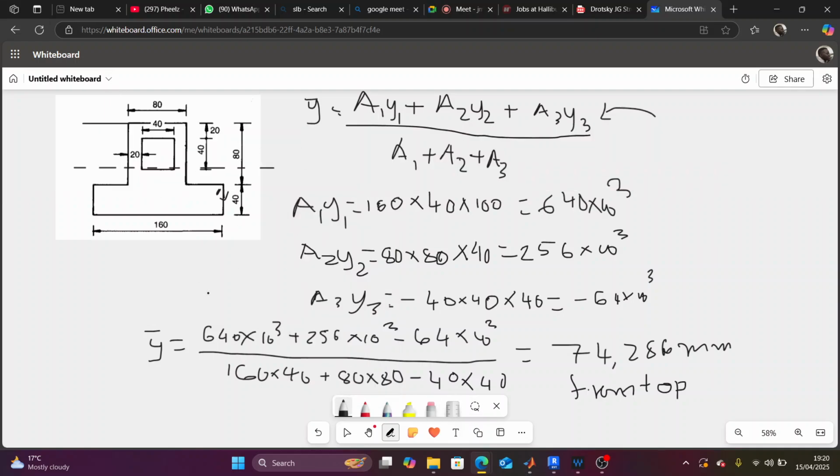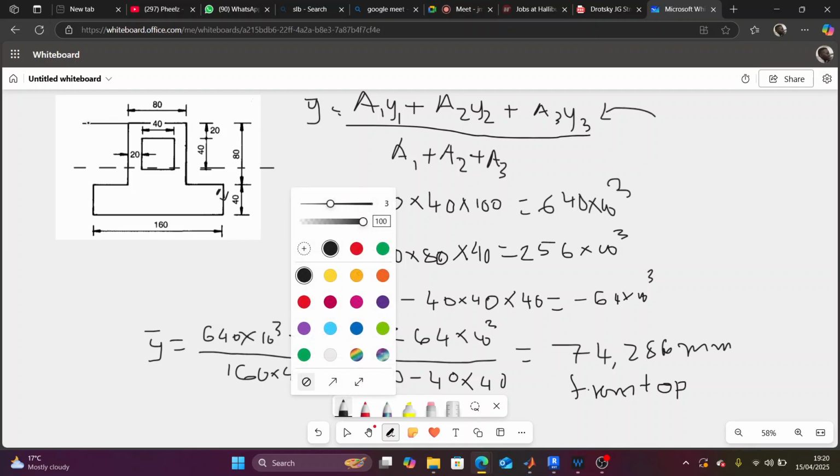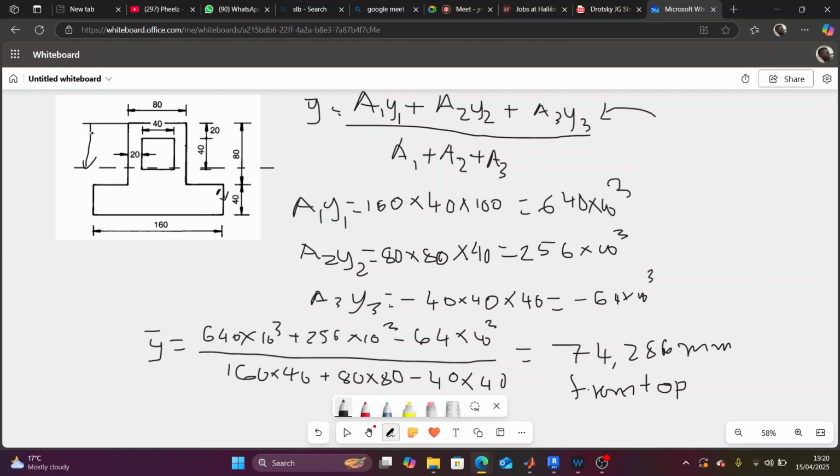Okay, do you see the axis that I drew here? This distance here, from this axis to there, this is the y bar that we find. That's how we do it. Now, what do we do? We can now start by solving for what?